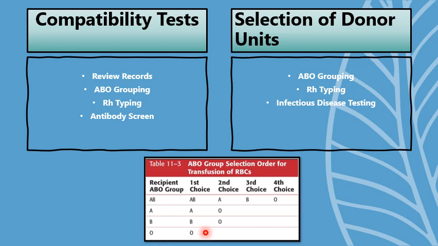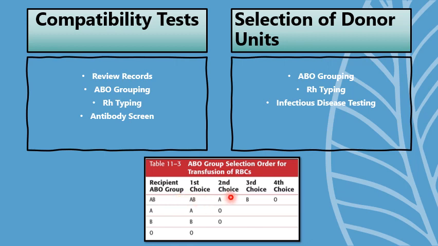Okay? So as you can see, you will see that the AB blood type could receive any of the blood types in the ABO group.